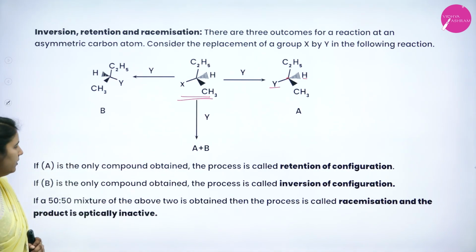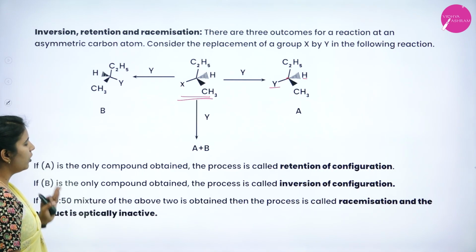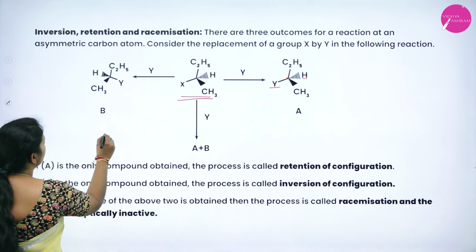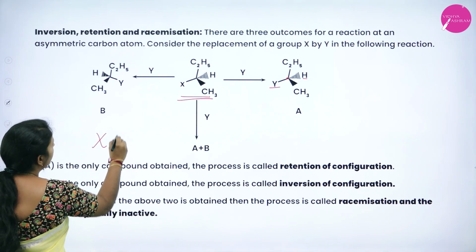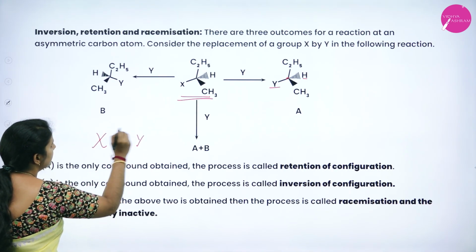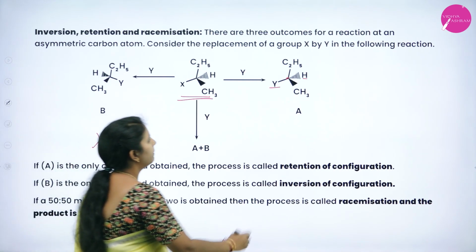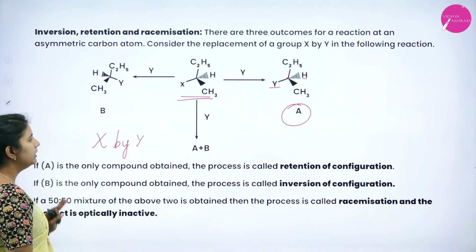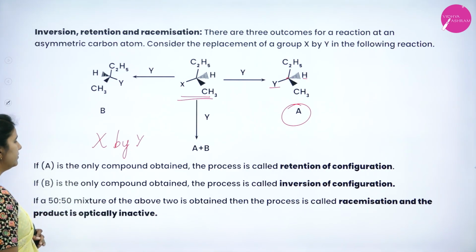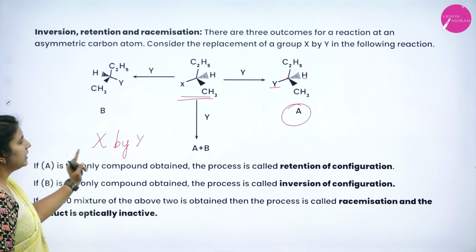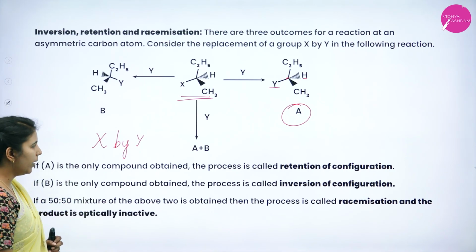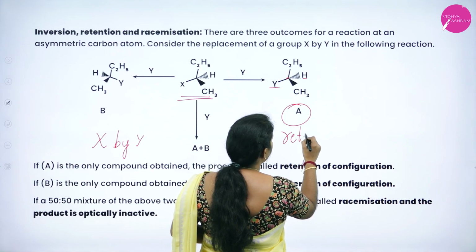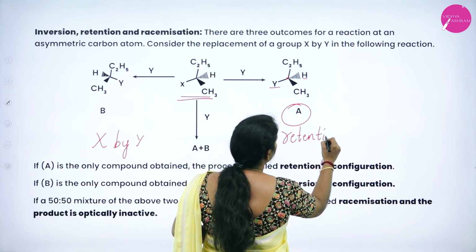A plus B. If A is the compound obtained just by replacement of the group X by Y, I am talking about what? Compound A. So compound A is obtained just by replacing the X with the Y. It is an example of retention of configuration.